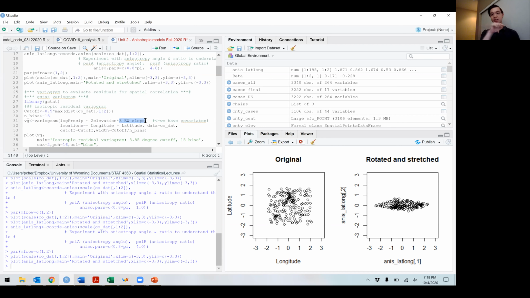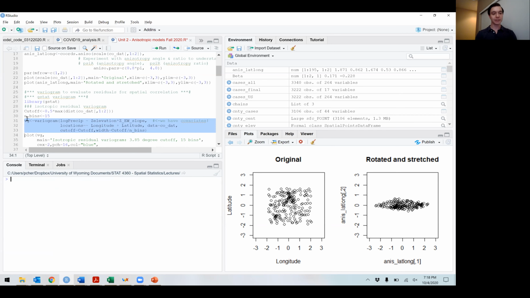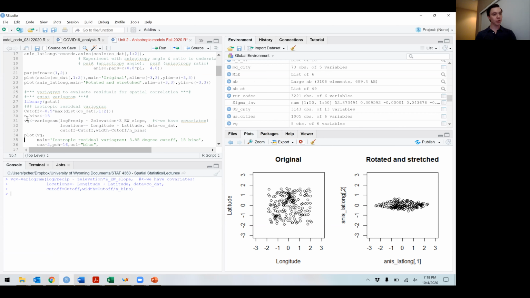It's the east-west slope to pick up the difference between the western range and the eastern range, right? The eastern side of the mountains and the western side of the mountains. We know which way weather moves in the United States. Most weather in the US moves west to east. So this is technically, on lines 31 through 33, a residual isotropic variogram, like you did in your homework.